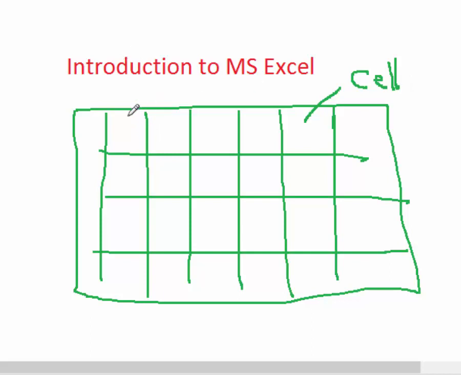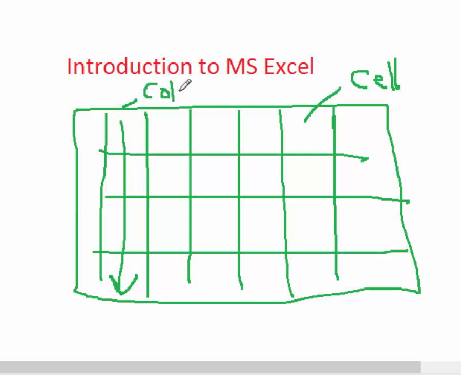Then we have boxes which flow from top to bottom in this order. We can call them columns. This one we call column.